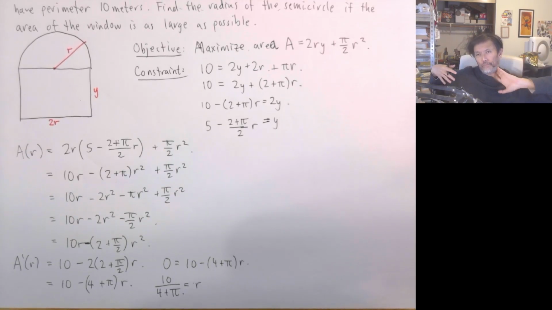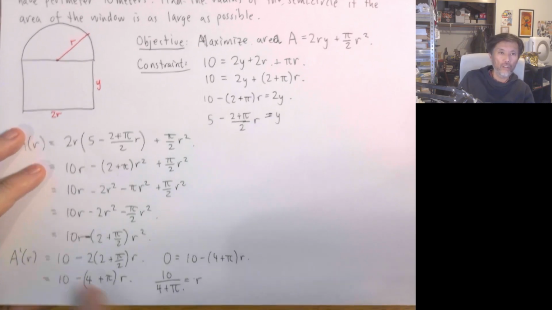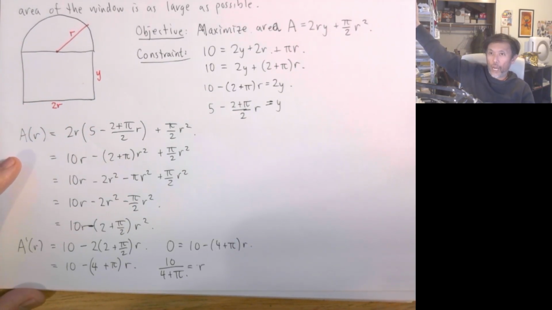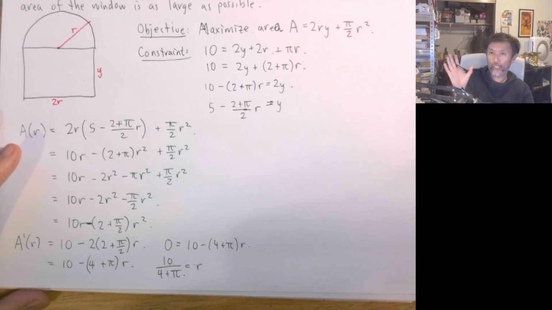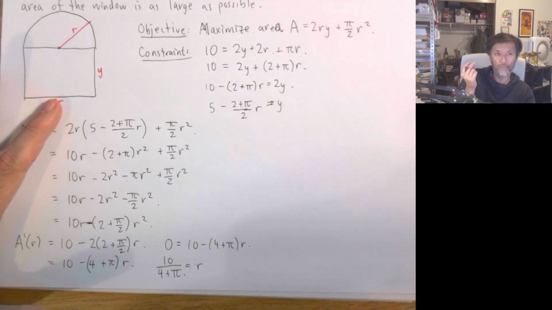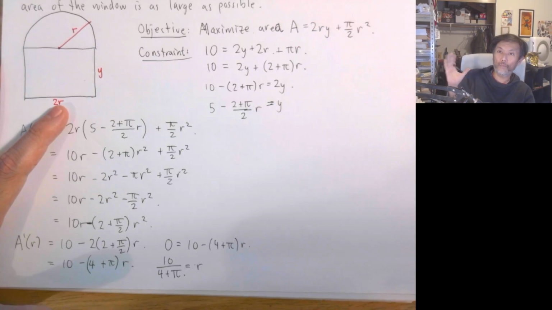However, I don't care, because if I can maximize this function on the interval from 0 to infinity, that is to say on the positive numbers, I will have also maximized it on any smaller interval consisting of only positive numbers. I guess we have to be a little bit worried that the maximum doesn't occur at some really extreme positive value of r.